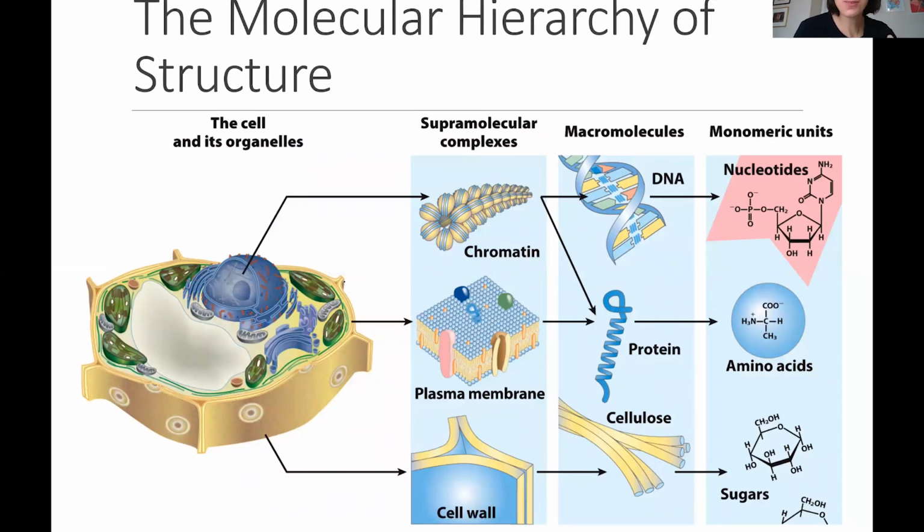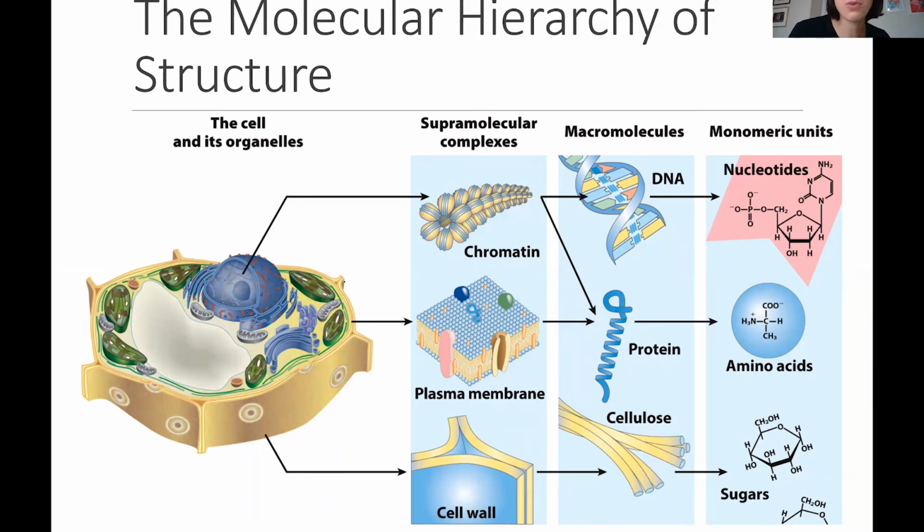So we've overviewed cells and the biological component of our biochemistry. But remember that cells are also complex in a sense because they are made up of small molecules. We can think of the cell itself being made up of these organelles, these supramolecular complexes like the cell wall and the plasma membrane.